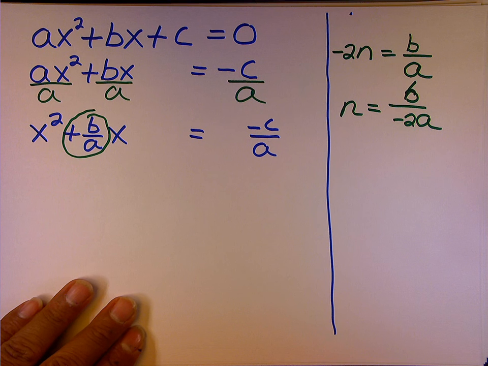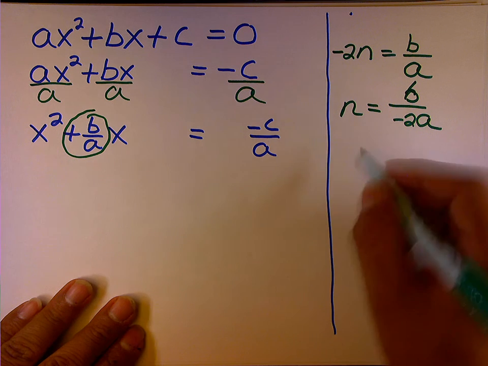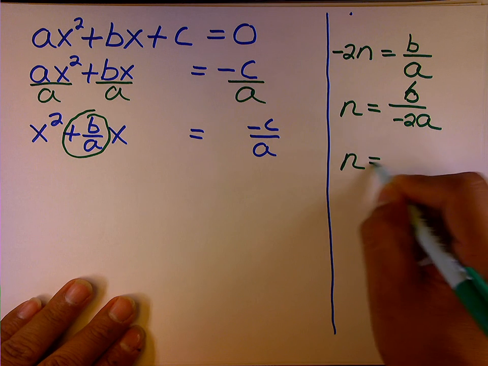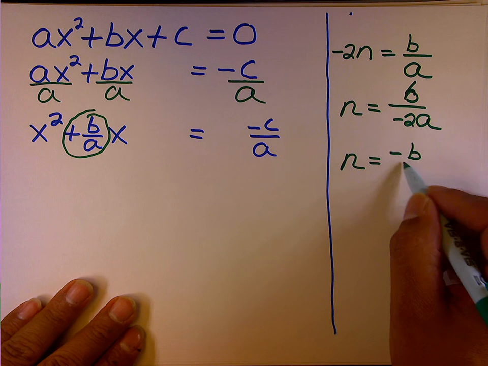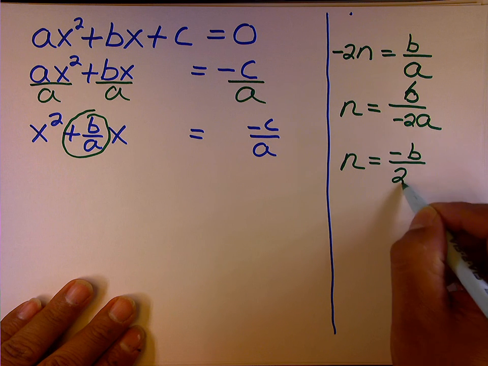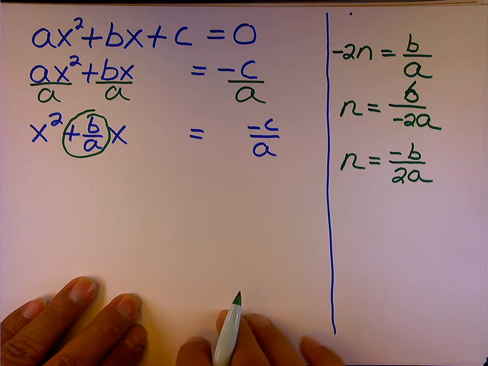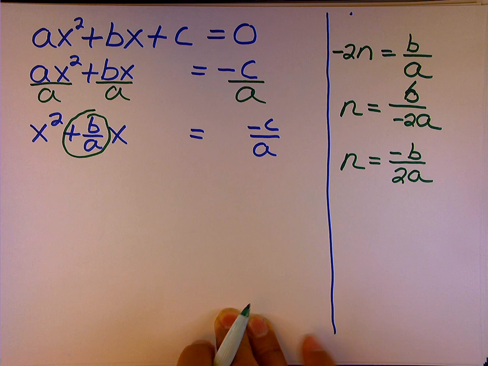I'm going to move the negative to the top because a negative in a fraction should never be in the denominator. It can be in the numerator or out front, but never in the denominator. So now I have identified n.